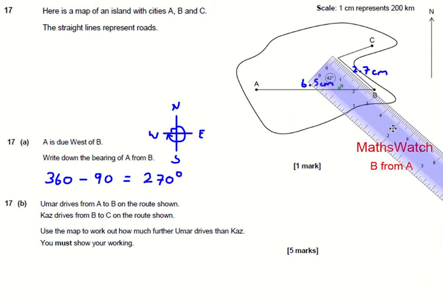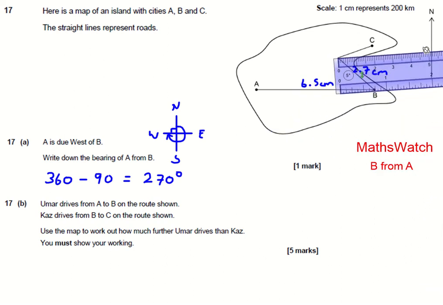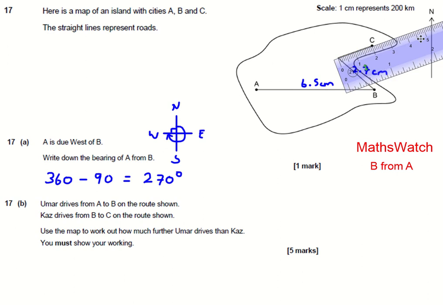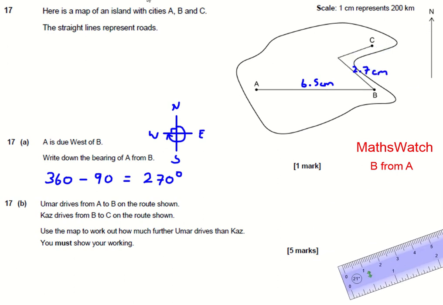And from that junction all the way to C is 2 centimetres. So let's work out our distances. From A to B we've got 6.5 centimetres, and the total distance from B to C will be the 2.7 plus the 2, which is 4.7.